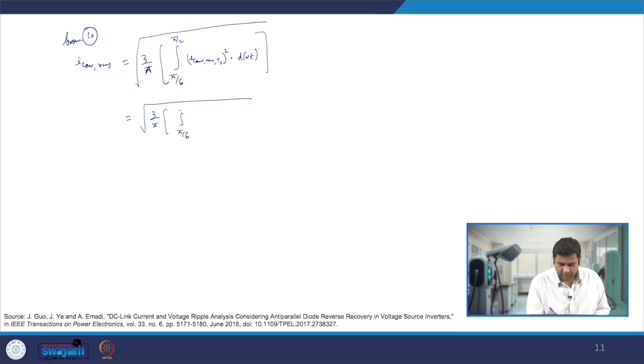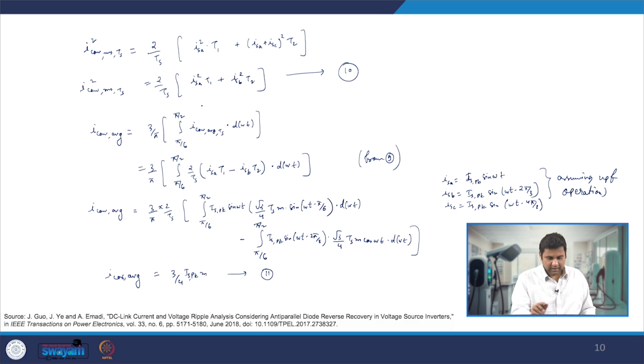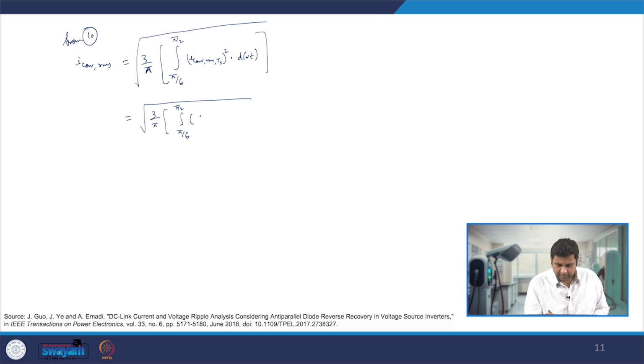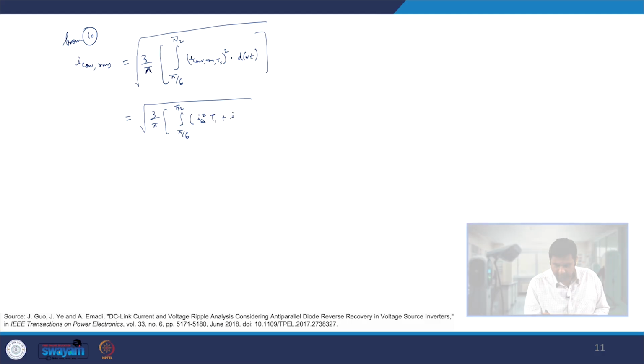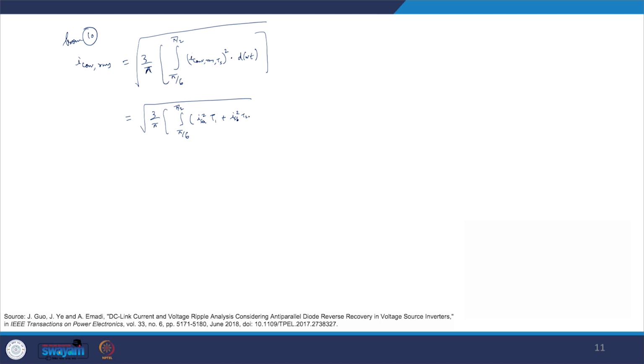From pi by 6 to pi by 2, I converter is nothing but ISA square T1 plus ISB square T2, and this is d omega t, and this T1 and T2 we know from 7 and 8.